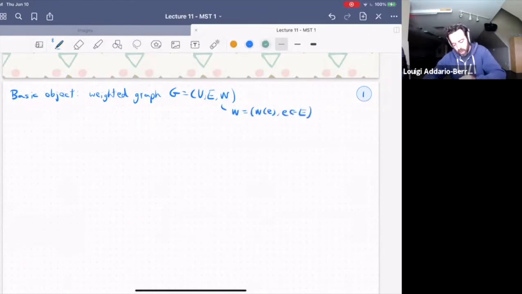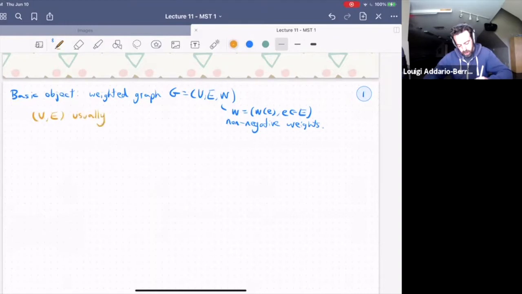And these weights will always be non-negative. Okay, and the underlying graph will usually be connected and finite, but there will be exceptions to those conditions, in particular in the second lecture.